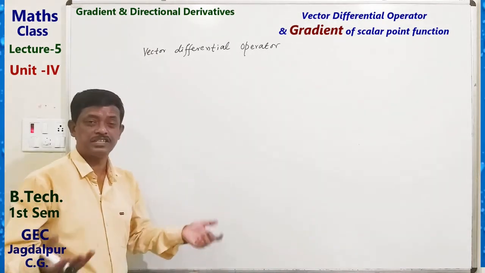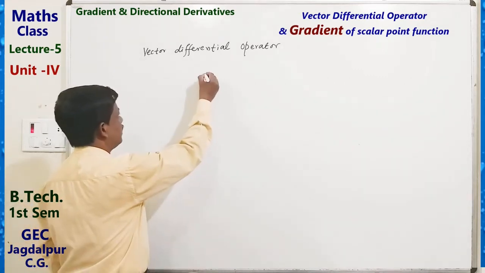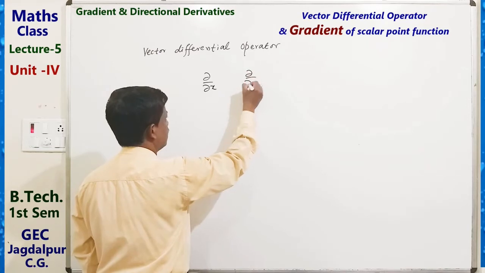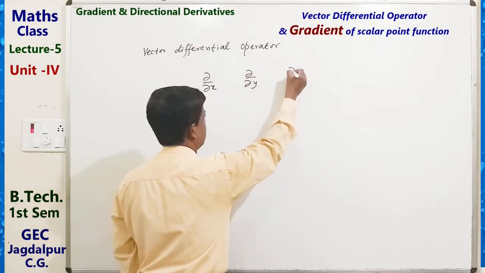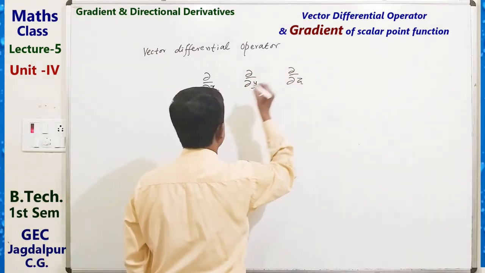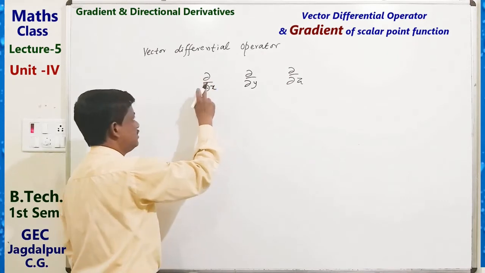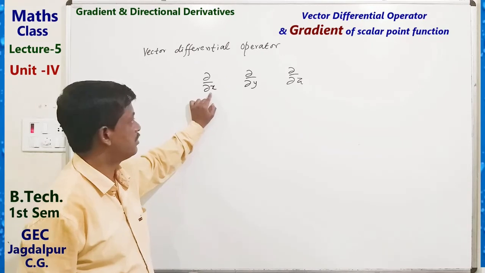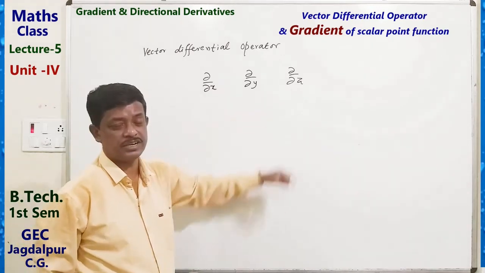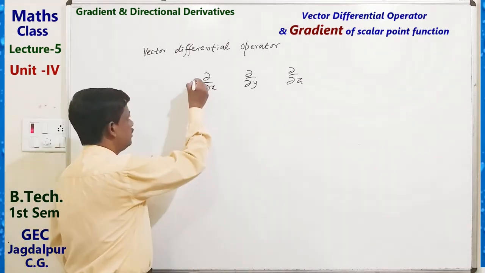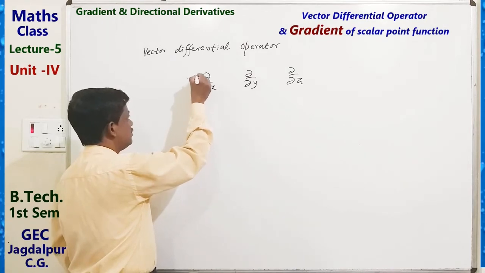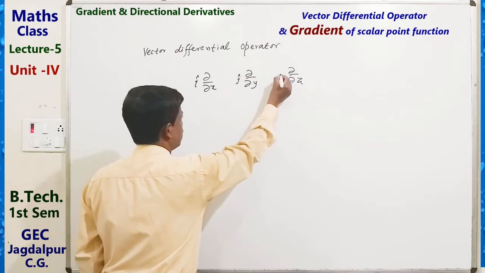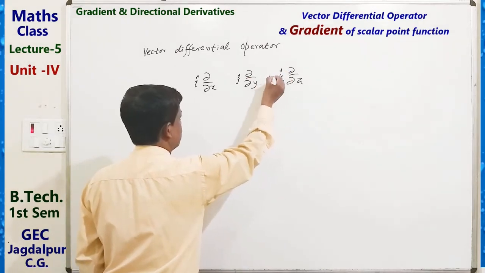So in 3D space, del/del x, del/del y and del/del z. This is a differential operator: partial derivative with respect to x, with respect to y, with respect to z, and unit vectors i, j and k.